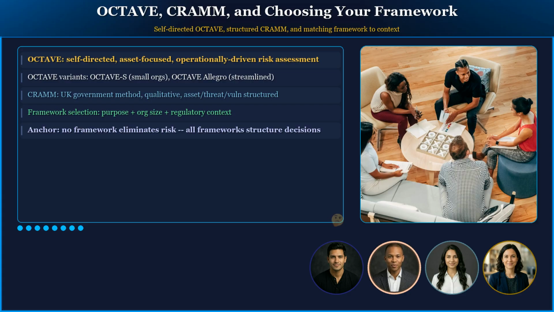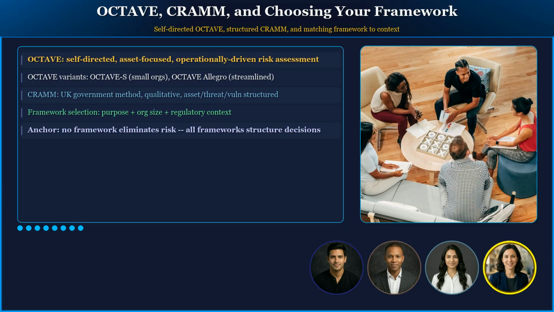For quantitative board-level reporting, Factor Analysis of Information Risk. For internal self-assessment with operational staff, OCTAVE Allegro. For structured government environments with legacy compliance requirements, CRAMM. The framework serves the context, not the other way around.